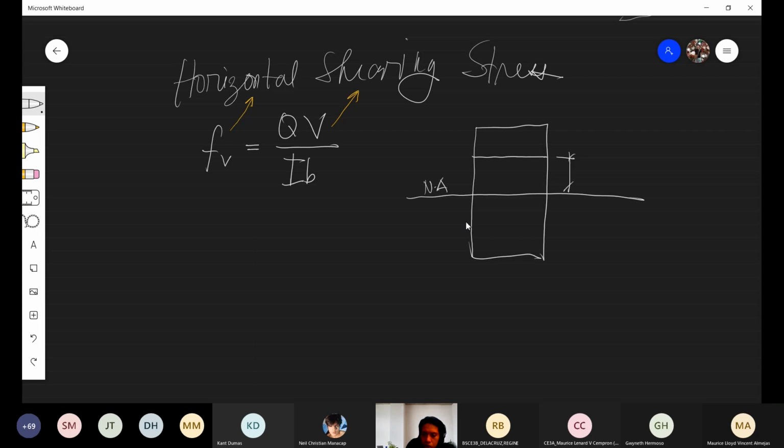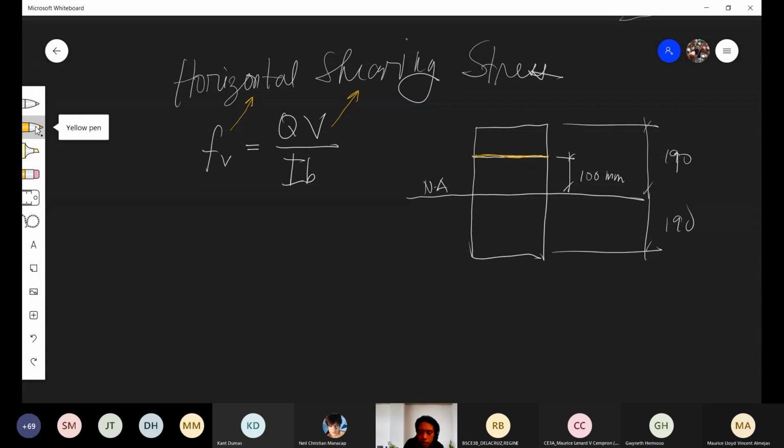The fiber which is sigunta nga 100 mm from the neutral axis. So pananglitan, this is 100 and this is also 100. Okay. So, pananglitan adi nga fiber na natin ging ko consider. So, ibig sabihin, find the shearing stress on the fiber 100 mm from the neutral axis.